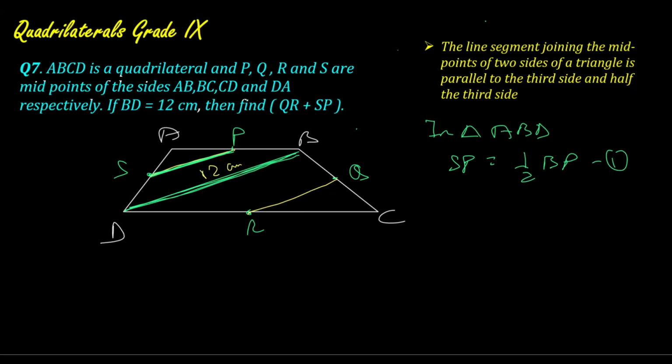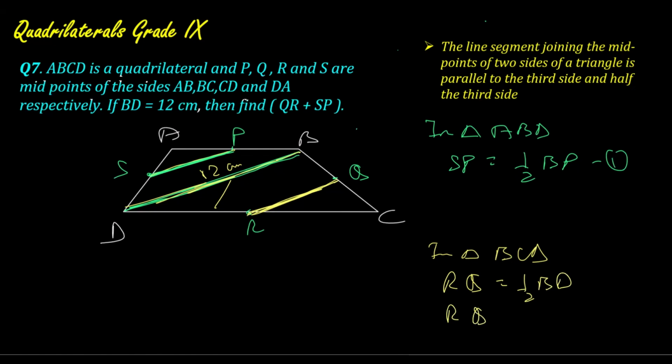And similarly, if I take the other triangle here, that is BCD, I need to mention that in triangle BCD, the length of RQ is half of BD, using the same property.